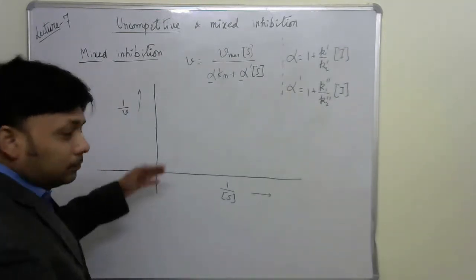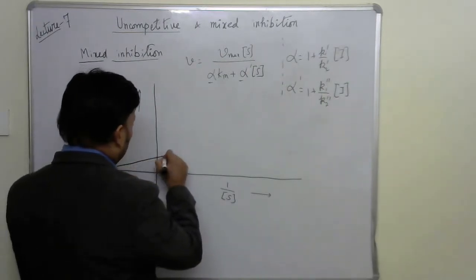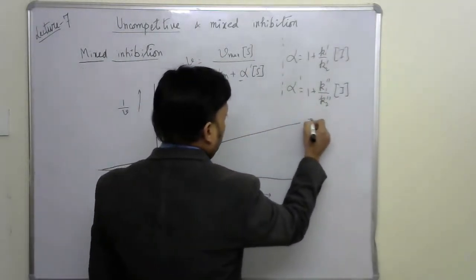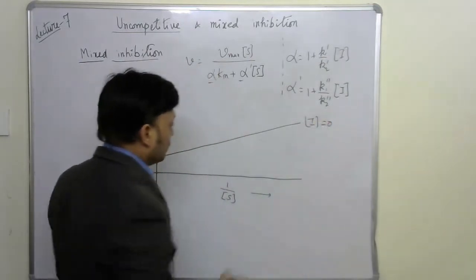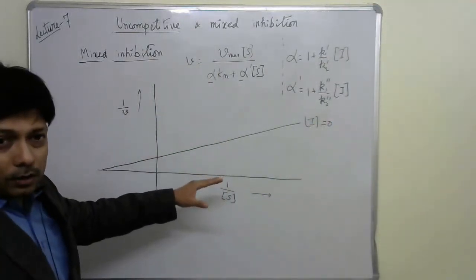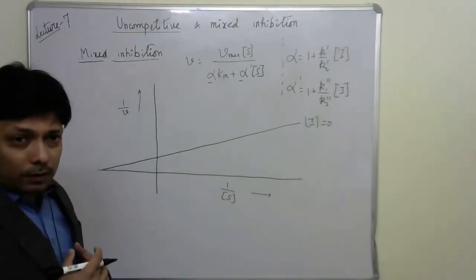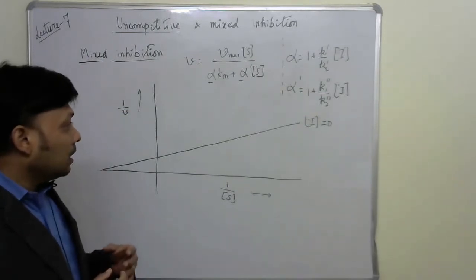So like before, we would first draw the uninhibited plot. So here this is I is equal to 0. Now we are going to draw the straight line for increasing I. Before we draw, we would first ask ourselves two important questions.